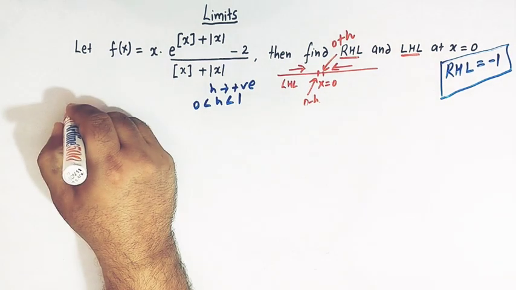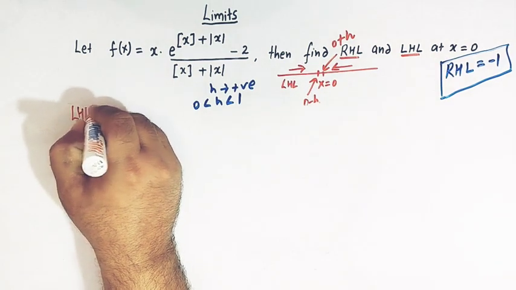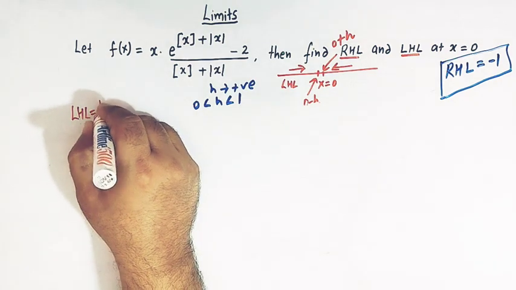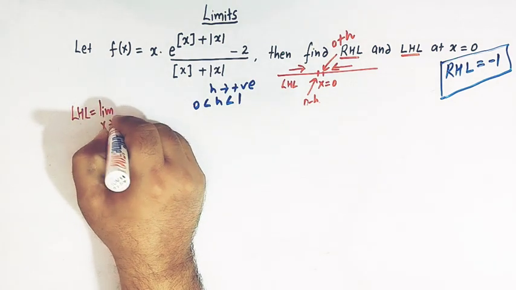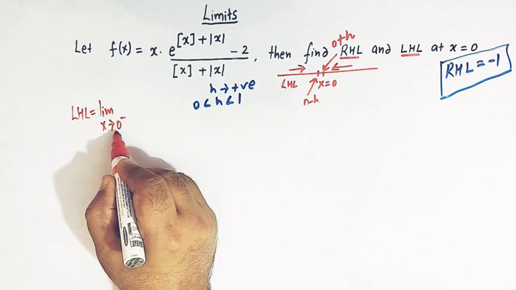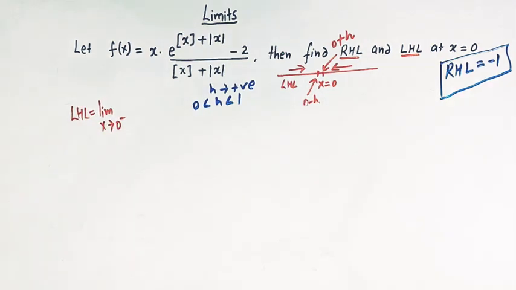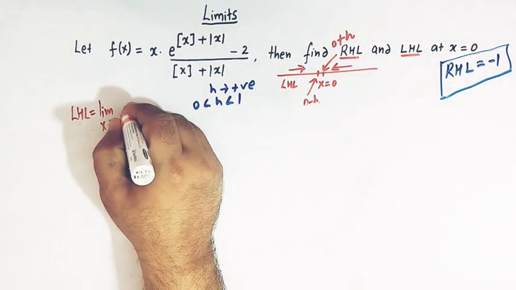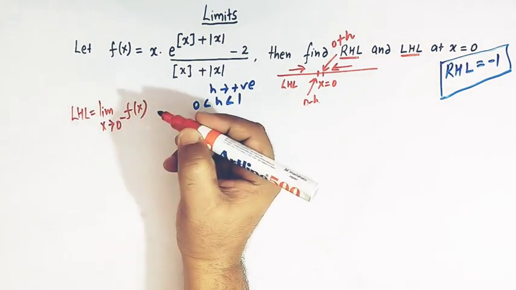Now let us find out the left hand limit. So the notation for left hand limit is limit x tends to 0 minus, here we'll put a negative sign over 0, right? And here we have f of x, right?